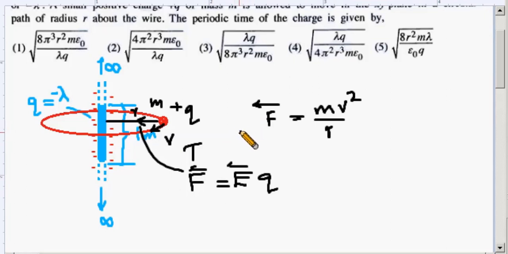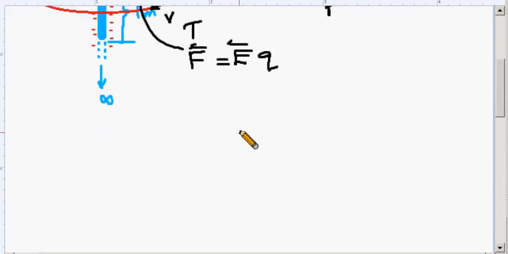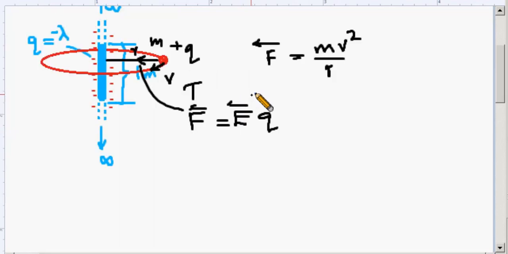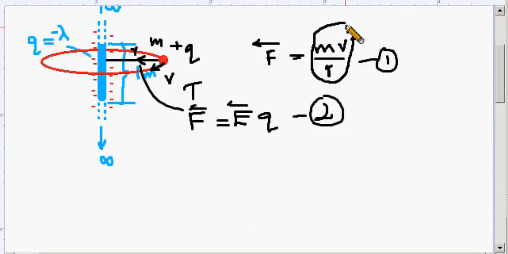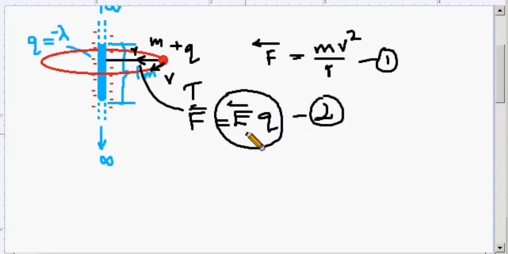Now we have to find out, but before that I have to say, these two equations must be equal to each other, because this amount of force is given by the electrostatic force.